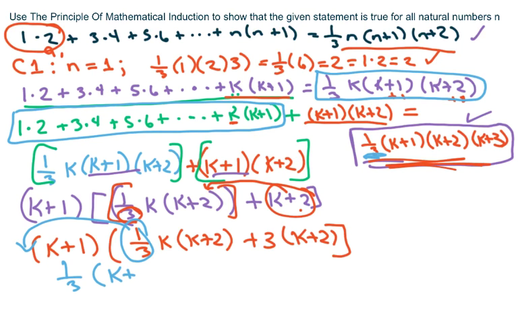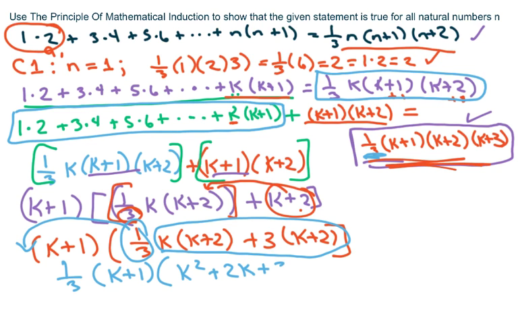I have k plus 1, and then I'm going to simplify this part. So that's going to be k squared plus 2k plus 3k plus 6, and this equals 5k.